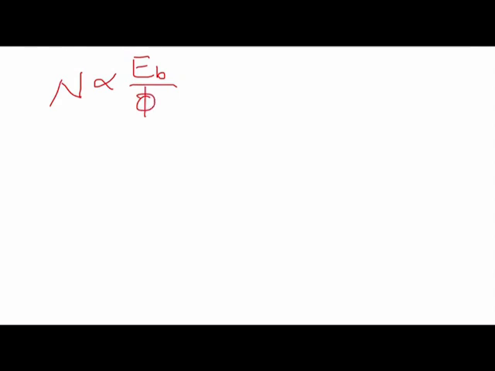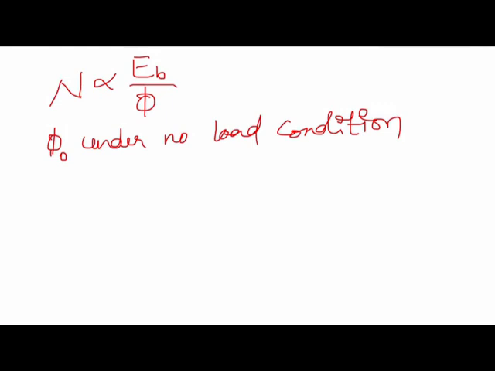Here it is mentioned that the flux is weakened by 3%. So let me take the flux under no load condition as phi naught, and phi 1 as the flux under loaded condition.